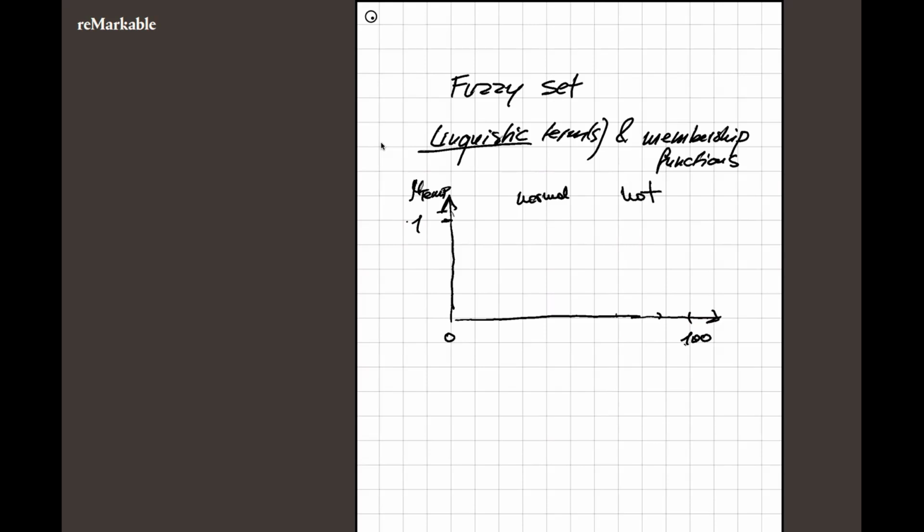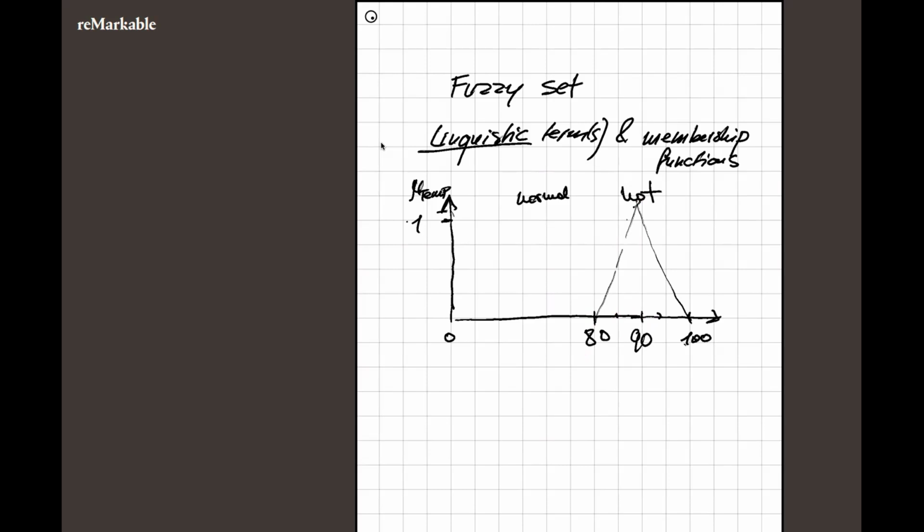And then you make a certain assumption on how this membership function should look like. So, for example, if we have 100, then we have probably 80 here, and maybe 90 here. So that's hot. And normal, then it can be, well, it's depending again.